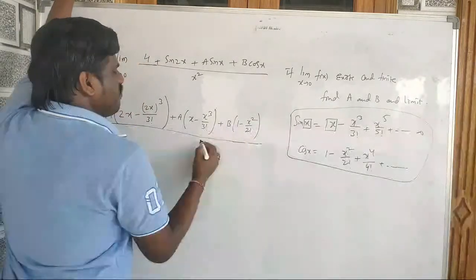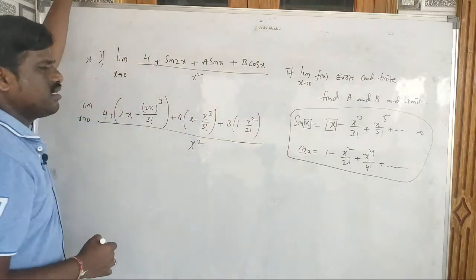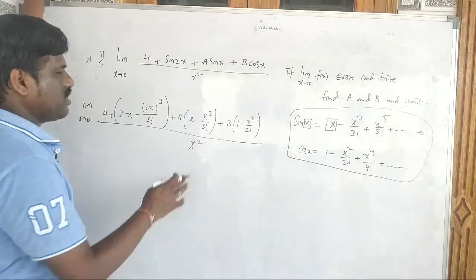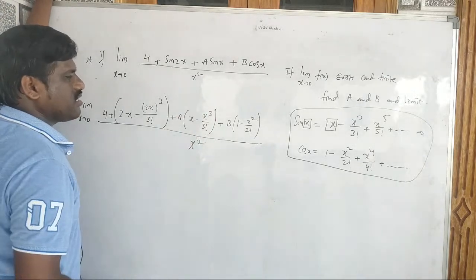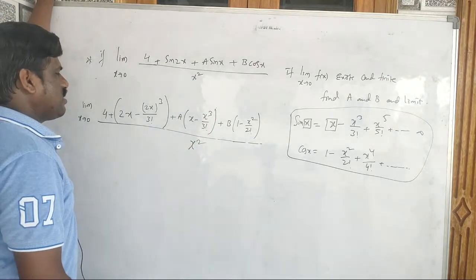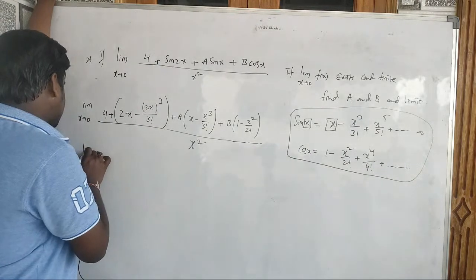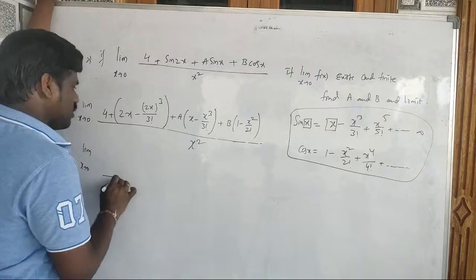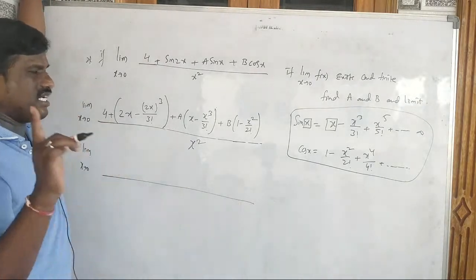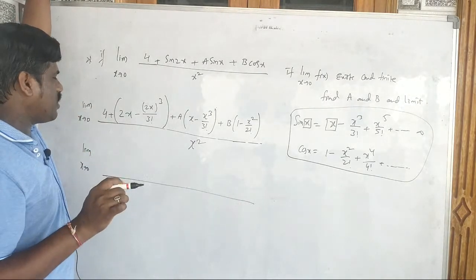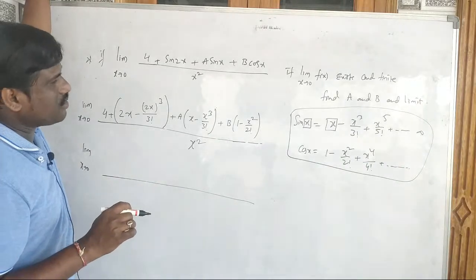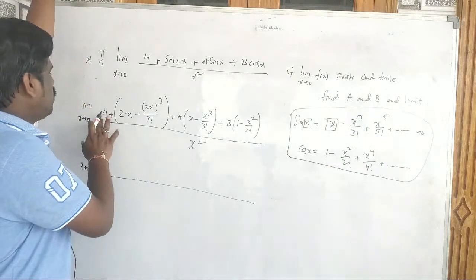But we require till x square only, right? So limit x tending to 0. Now write down the constant terms. Constant, what you have, you write down that. I think I made a mistake. It's 4.